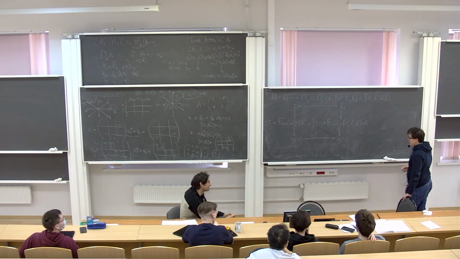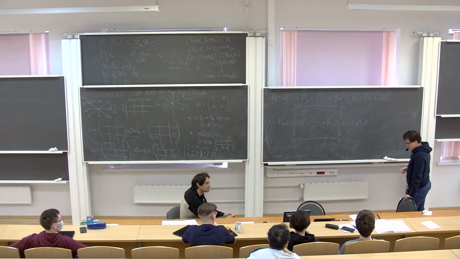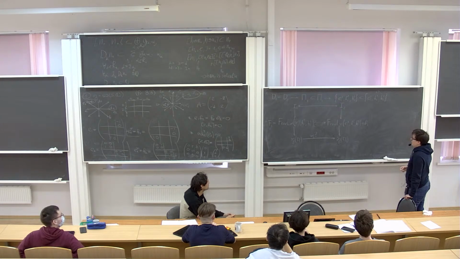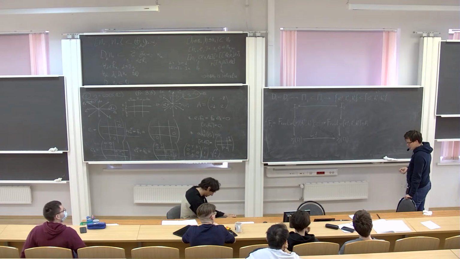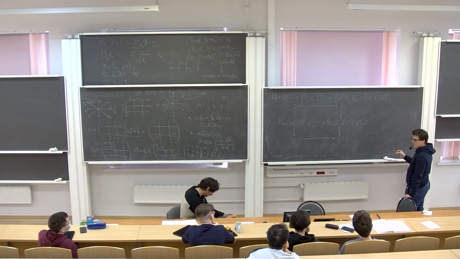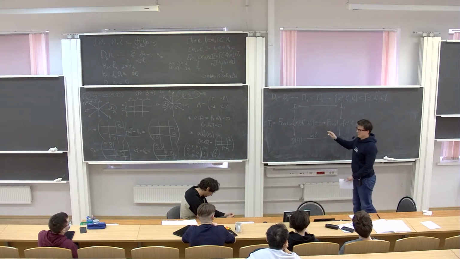Wait, left adjoint preserves, yeah, that's true. It preserves colimits because the tensor product is right exact. But still, is it an embedding?